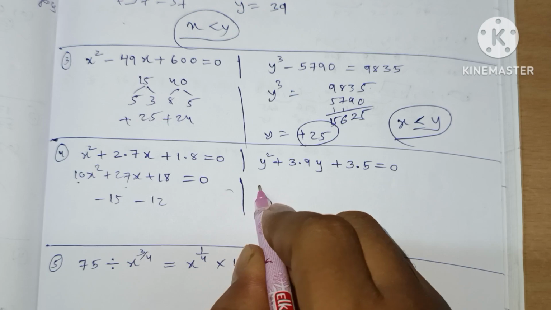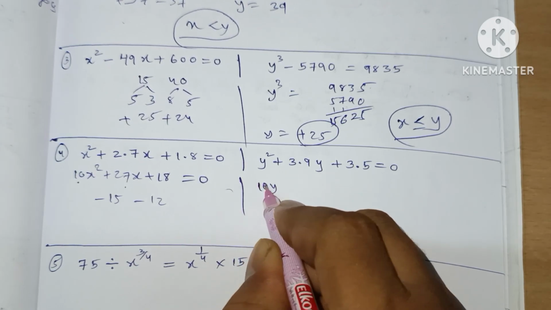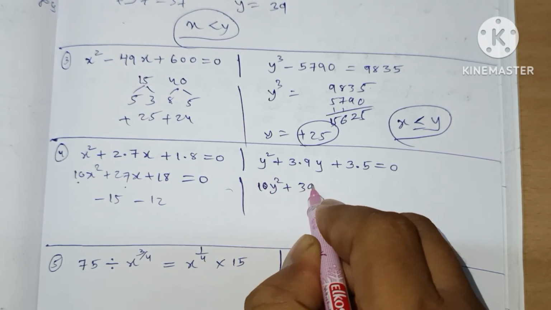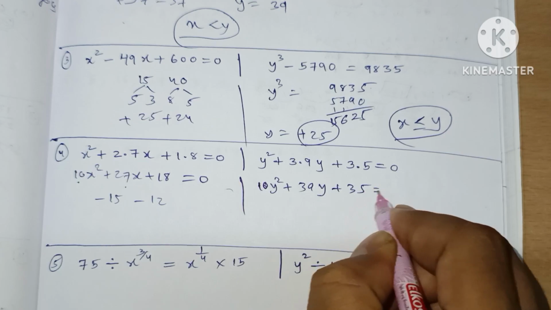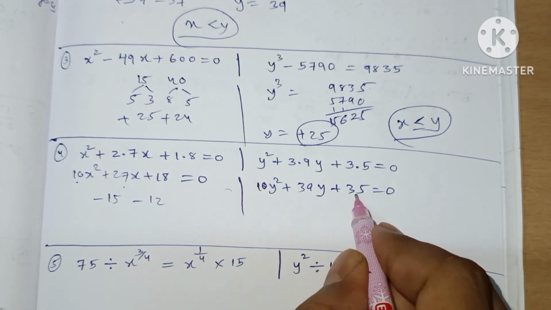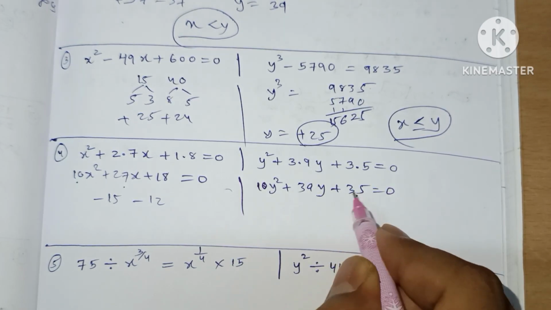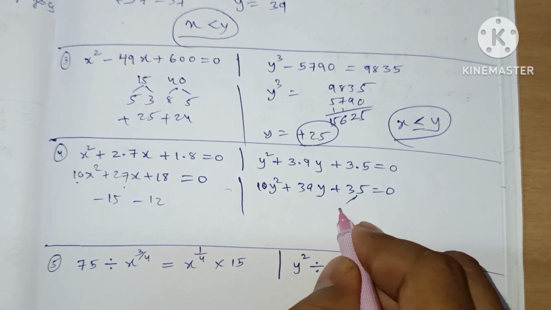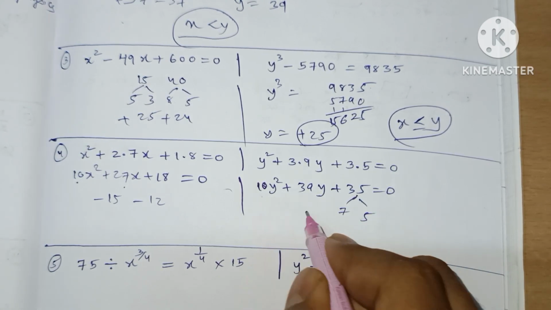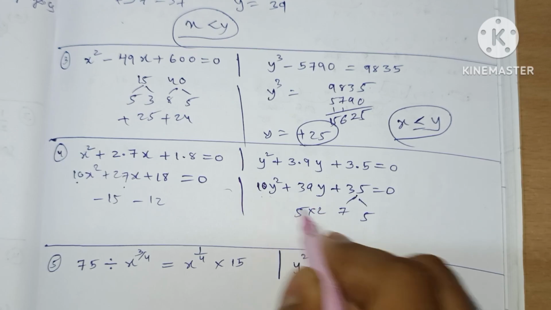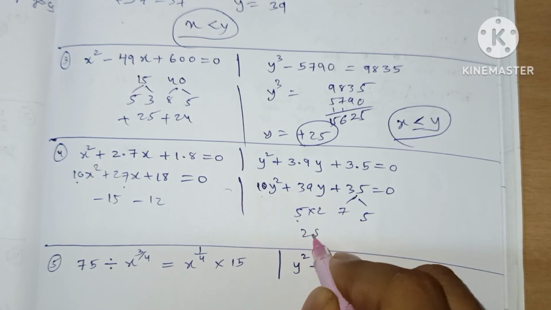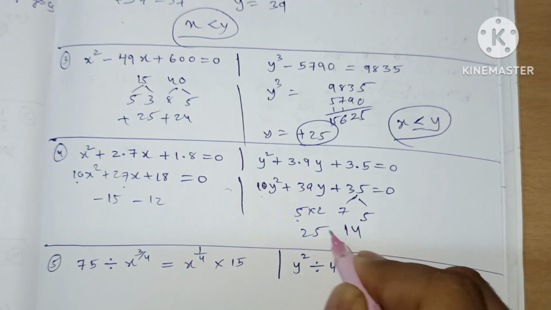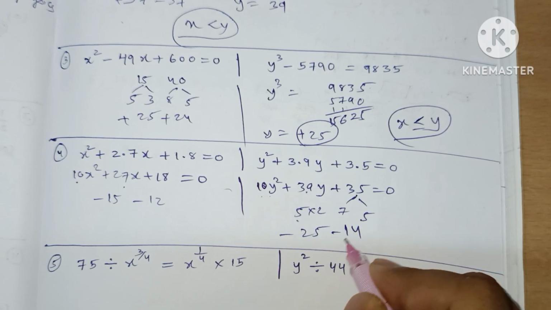Here we need to multiply this with 10. 10y square plus 39y plus 35 equals 0. We need to get 350. 350 means, let's write this as 7 5 times. This is 5 2 times. So 25 and 14, we get 39. So the roots are negative.